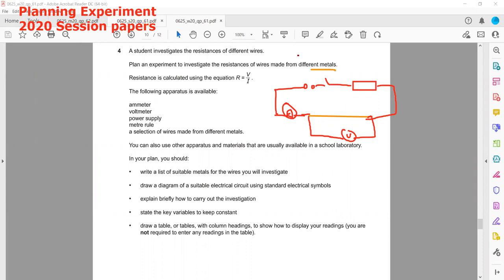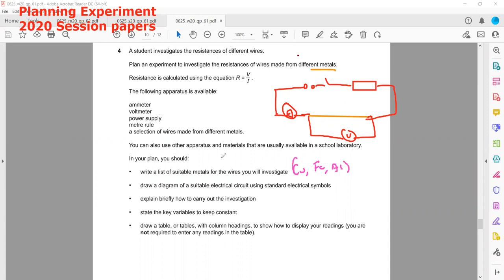You can mention common metals which we normally use. So iron, yes, iron can be mentioned. Steel you can mention. Here, for example, we have copper. You can even mention an alloy as well. So brass, copper, iron, aluminum.